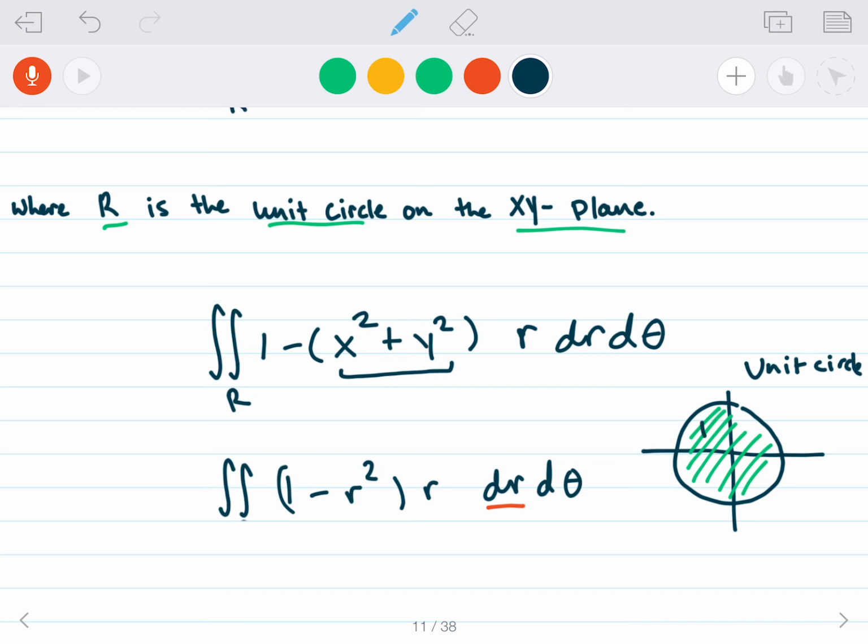This is my region, and it has a radius of 1 because it's a unit circle. So my radius is equal to 1.